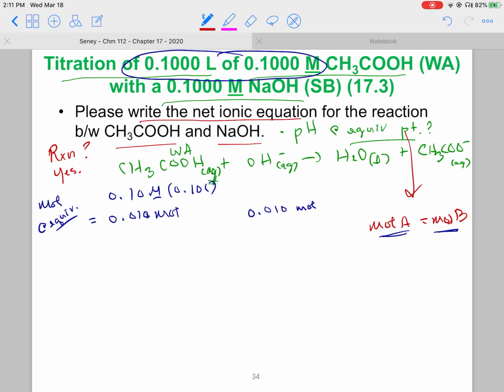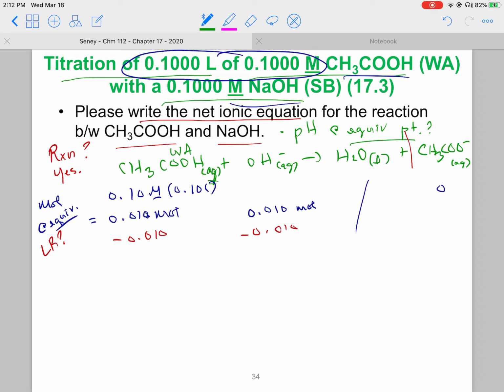What do we now have? We have a limiting reactant situation. So we have minus 0.010 and minus 0.010, and over here where we have 0, we don't have to really deal with much as water, but we have 0 of the acetate, because we don't have any acetate in the solution to begin with.